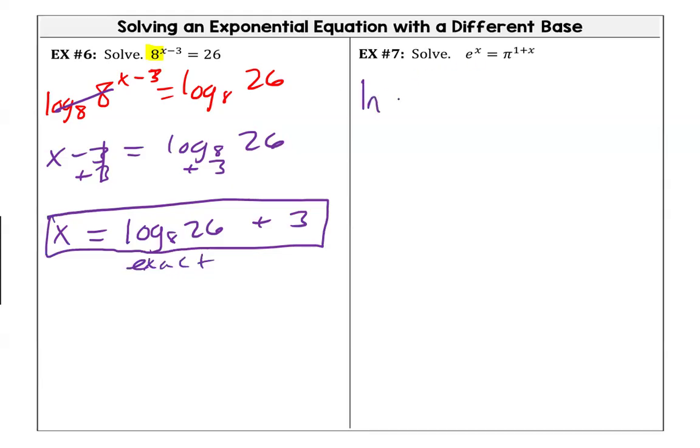So we're going to take the natural log of e to the x equals natural log of pi to the 1 plus x. On this side, what this is going to do is eliminate, so we come down to x equals the natural log of pi to the 1 plus x.